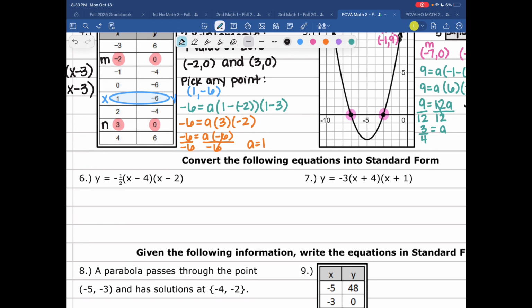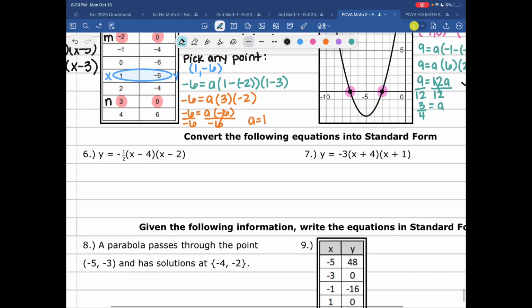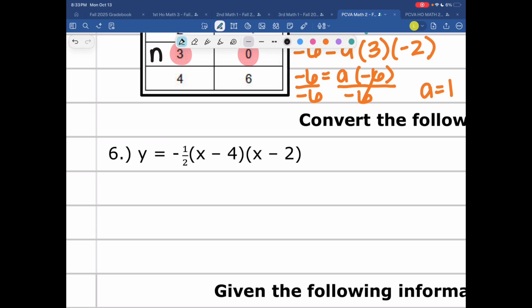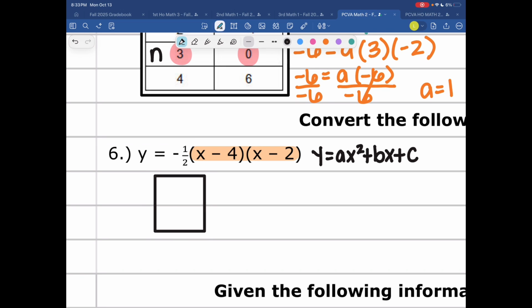All right, so we have the standard form. If I'm converting this to standard form, remember we're converting this to ax squared plus bx plus c. All right, so we're going to start by multiplying our binomials together. So when we multiply those binomials together, we're going to be multiplying the x and the -4, and then the x and the -2.